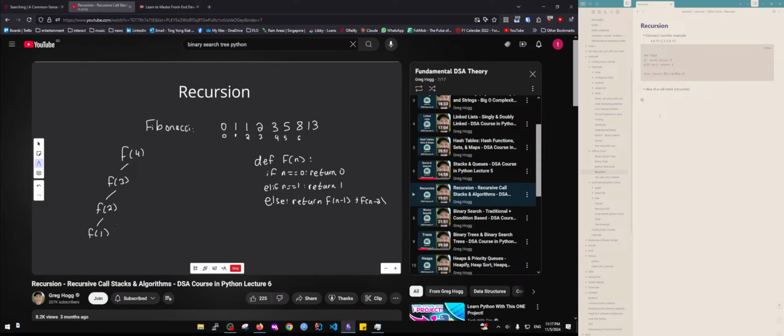So he goes and gets f at 2, and f at 2 is going to first think about f at 1. Now we hit a base case, and so f at 2 can remember that f at 1 has a value of 1. Okay, f at 2 also is going to need f at 0, which we'd return back and say that's a value of 0. F at 2 would then return to f at 3 that it has a value of 1. Now f at 3 can think about f at 1, and so f at 1 is going to be a base case of just 1.